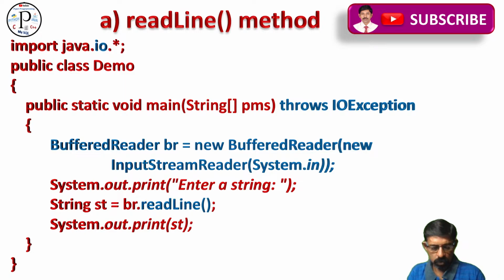Write a program to accept a number and display its square only if it is a positive even number. Everyone got the question? I'm starting the program.